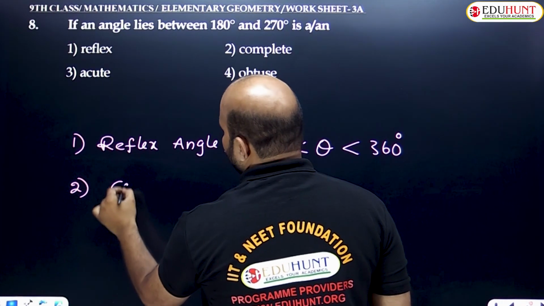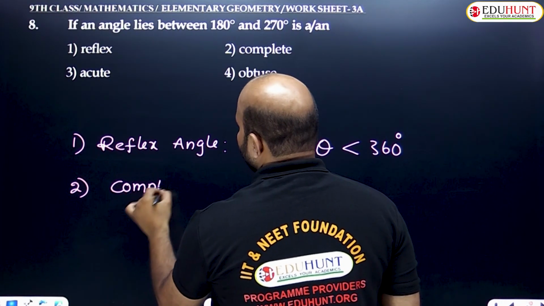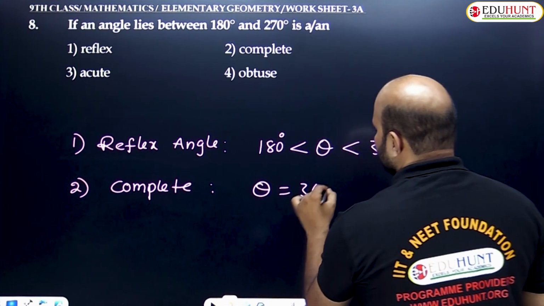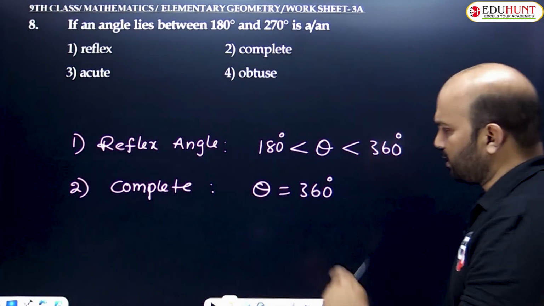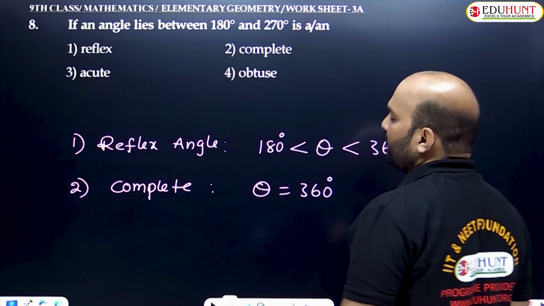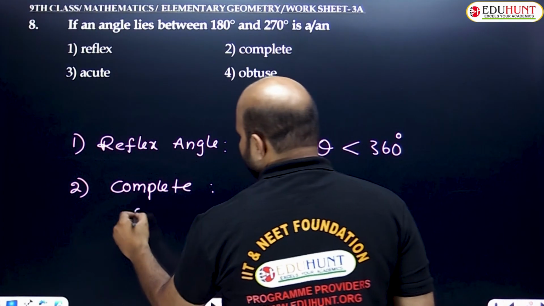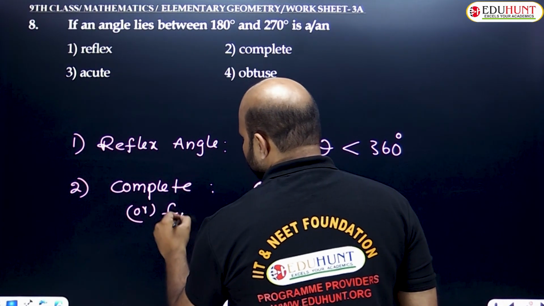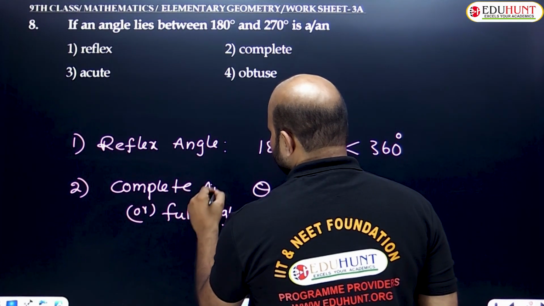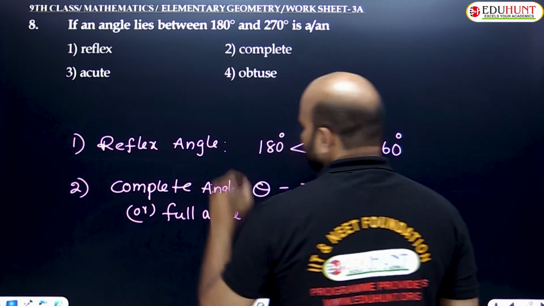Second one, complete angle. Complete means the theta value should be 360 degrees. It is exactly 360, one complete revolution, called a complete angle, also called a full angle. Am I clear?